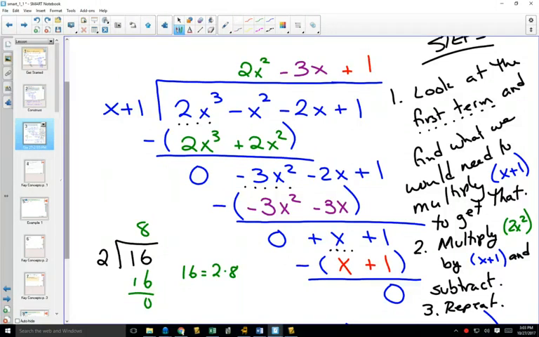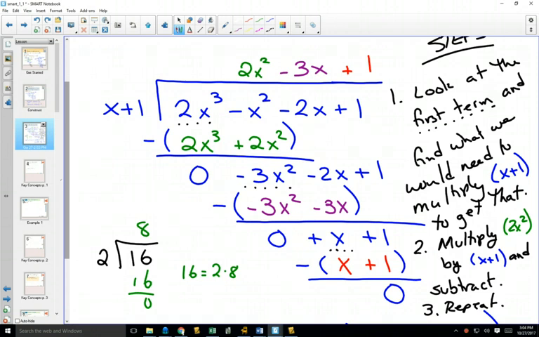So we did it for green, we subtracted. What do we get? We get a new first term, underdotted in black. So now the negative 3x squared has been underdotted in black.